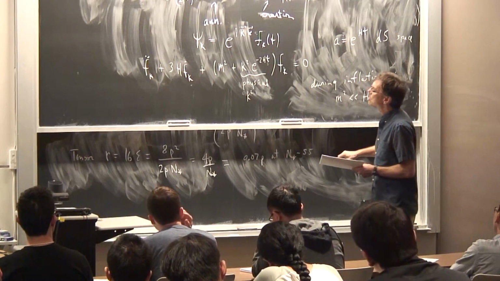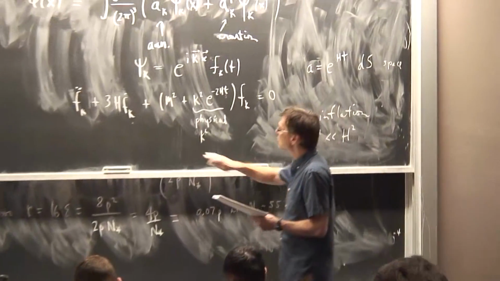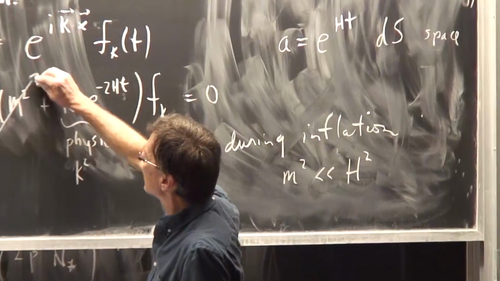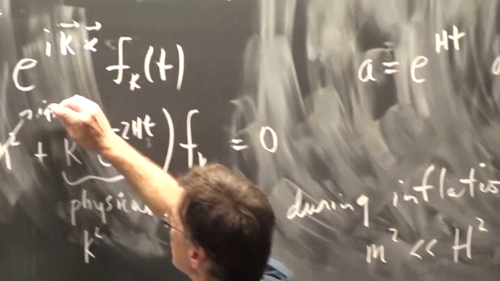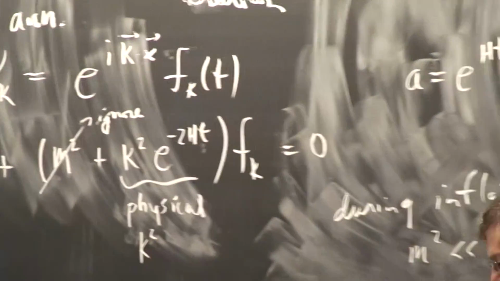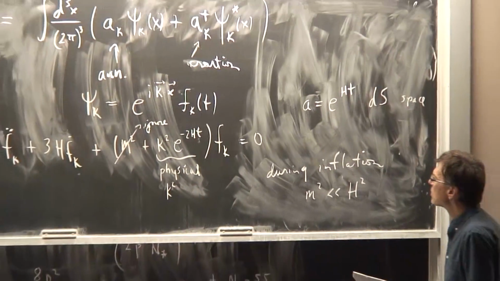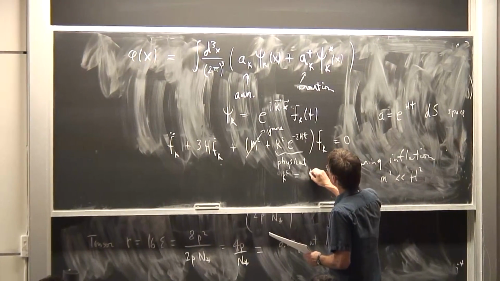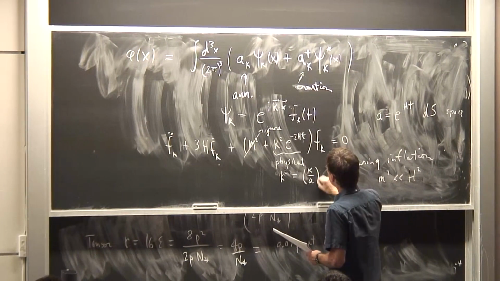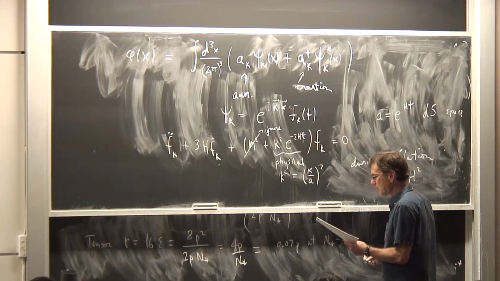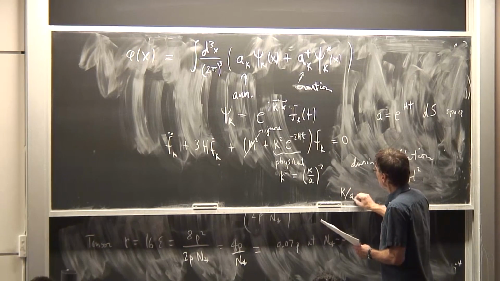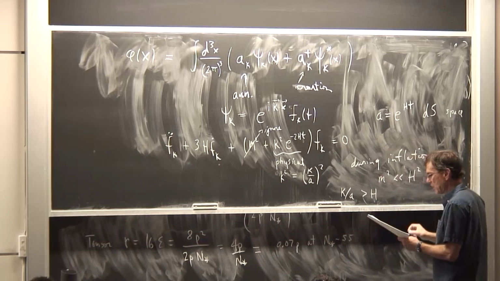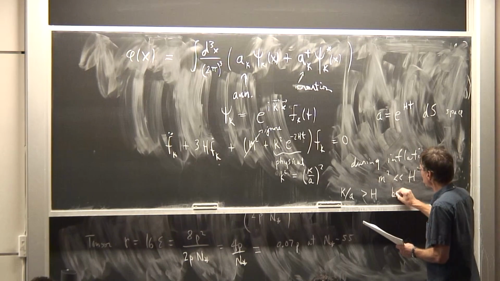And so it turns out that we're going to be able to ignore the mass. And remember, this is just k over a squared, and k over a is going to be greater than H before horizon crossing.